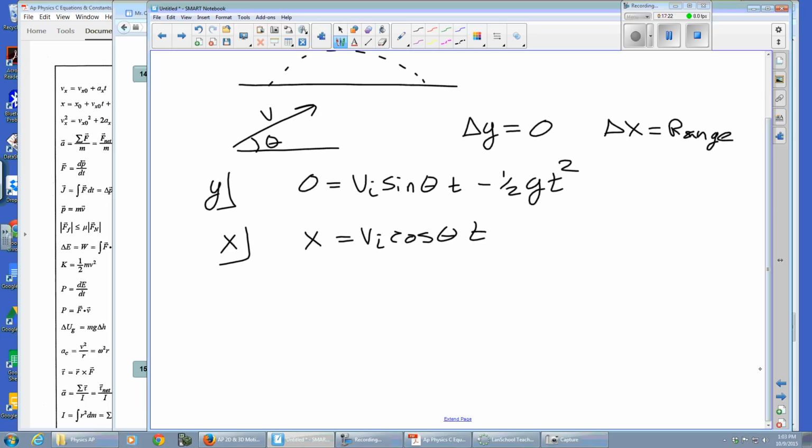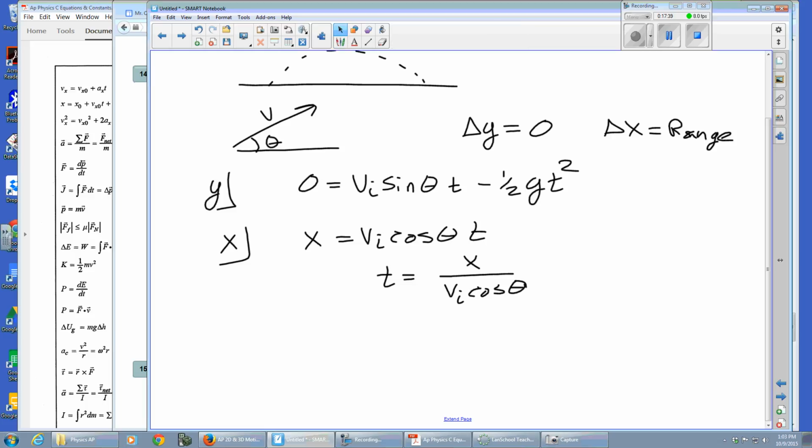And what I want to solve for is x. So I'm going to say that t here equals x over vi cosine theta.